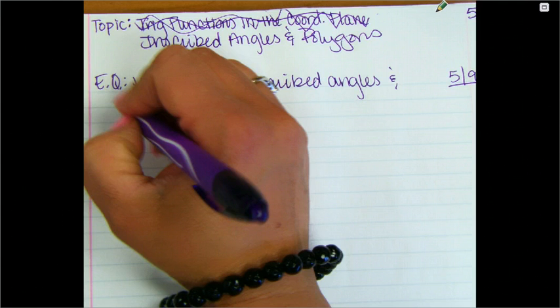Notes will take us a really long time. What does it mean to be a chord? A segment whose endpoints are on the circle. Is a diameter a chord? Yes. Is a radius a chord? No. A radius is not a chord. A diameter can be a chord, but a radius cannot be a chord because both endpoints have to be where? On the circle.